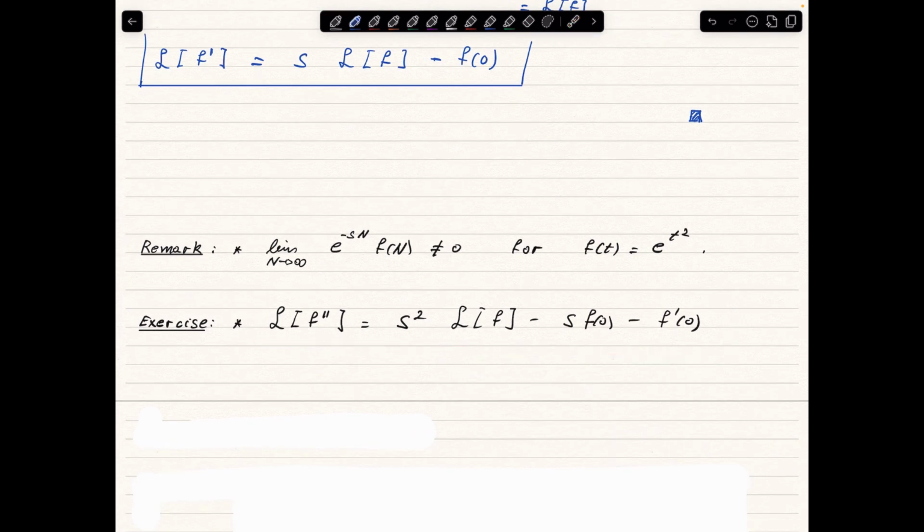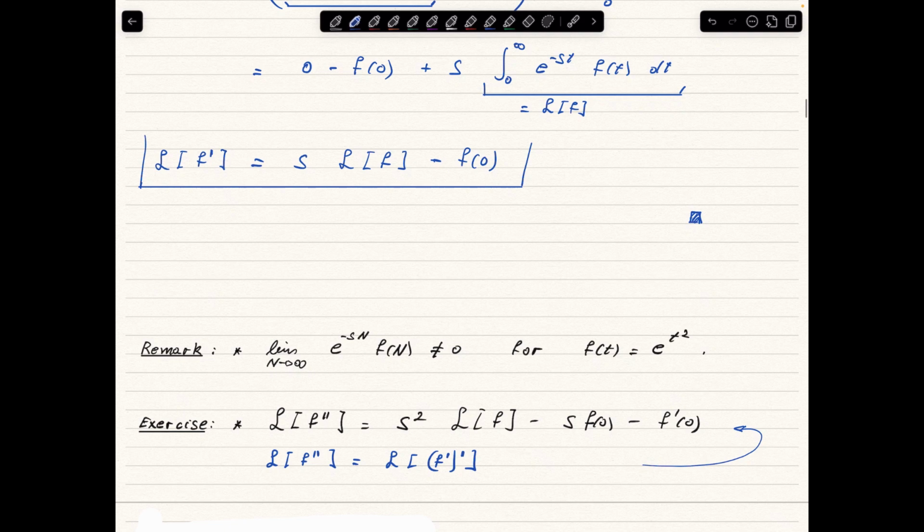Because what you do here is write this Laplace transform of the second derivative as just the Laplace transform of the derivative of a first derivative. So now use this formula with this function here, and then use it again. Use this formula twice, and then you're going to get this formula here.